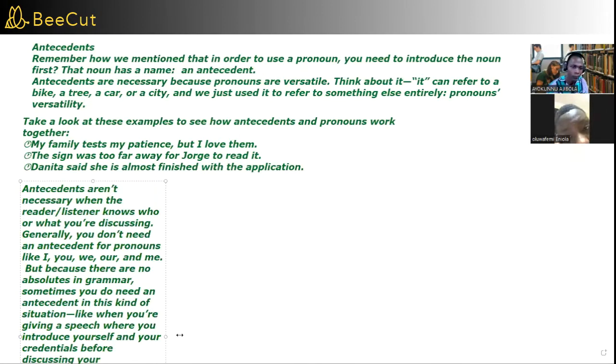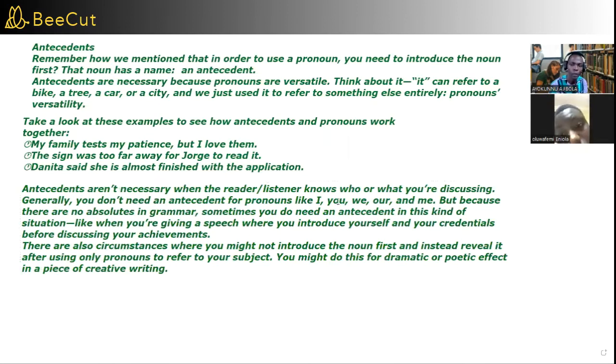Let me bring up further explanation before we go into the other types of pronouns. Antecedents aren't necessary when the reader or listener knows who or what you are discussing. Generally, you don't need an antecedent for pronouns like I, you, we, our, and me, and these are personal pronouns. But because there are no absolutes in grammar, sometimes you do need antecedents, like when you are giving a speech where you introduce yourself and your credentials before discussing your achievements.